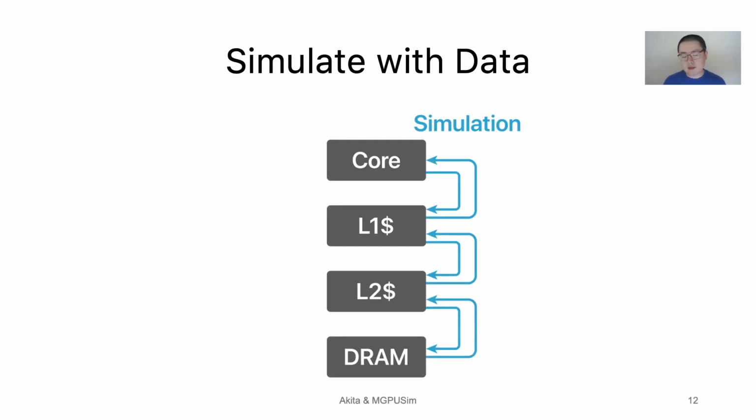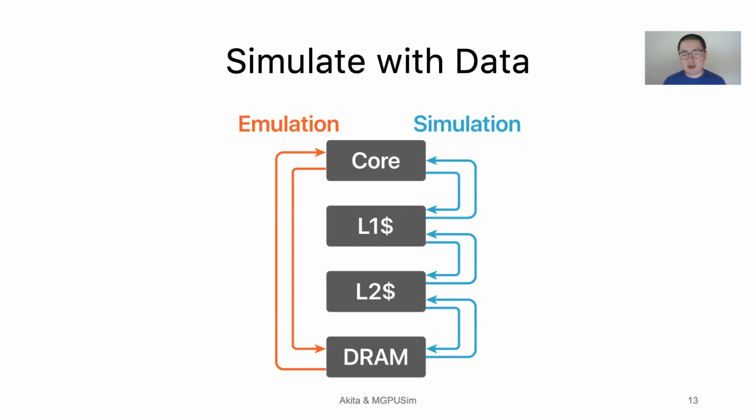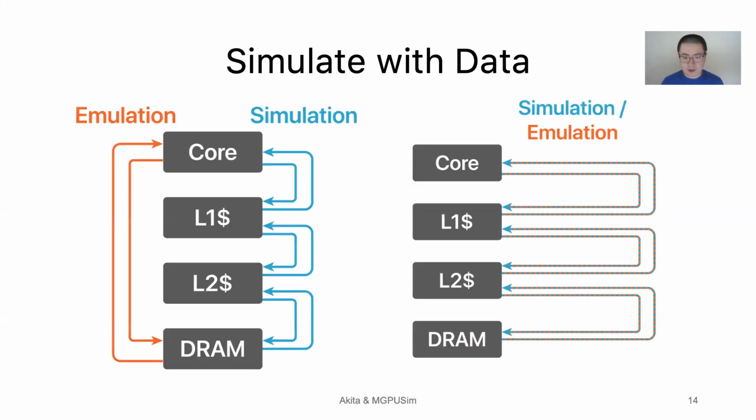In other simulators, a typical solution is that they simply calculate the time that is required to send these messages, while the core can use a magic channel to directly access the storage that is stored in the DRAM system, so that it can guarantee correct emulation.